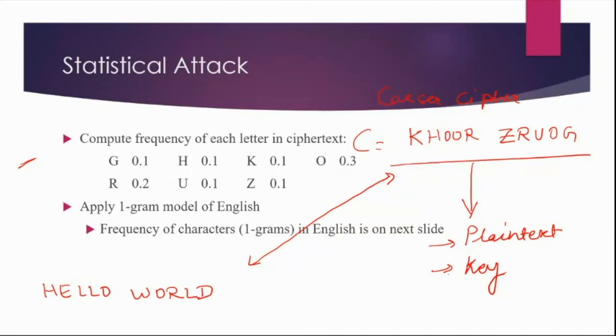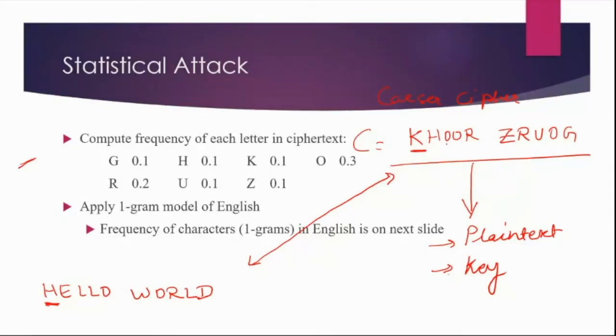When we talk about Caesar cipher, one thing is quite clear: there is a very high frequency correlation between the ciphertext and the plain text. Meaning, if K comes once in the entire text, the letter corresponding to this K also appears only once in the original text.